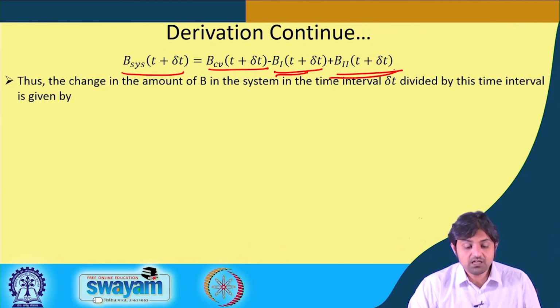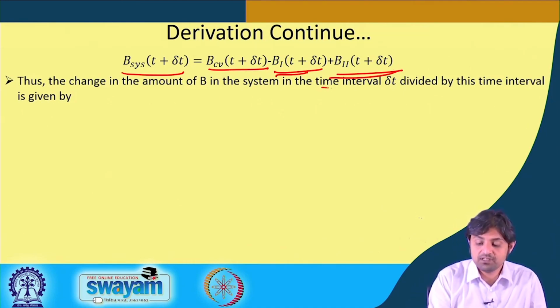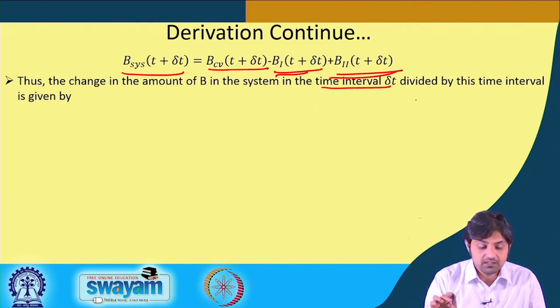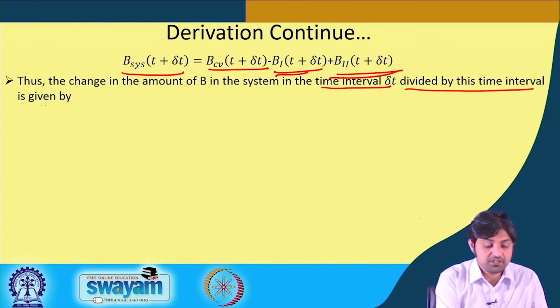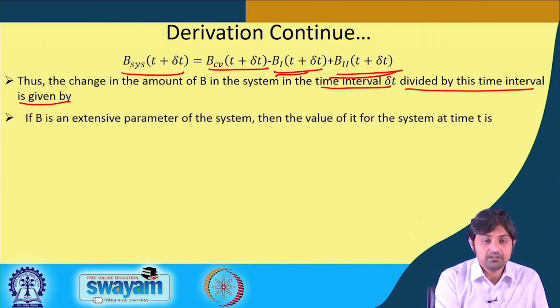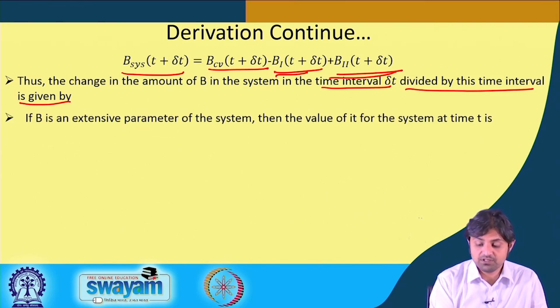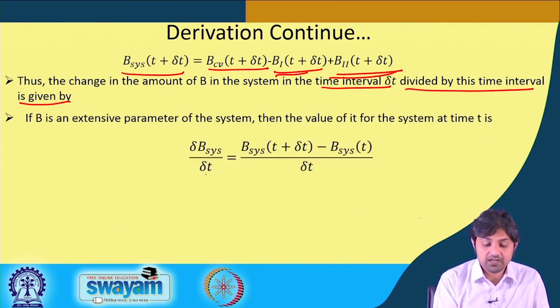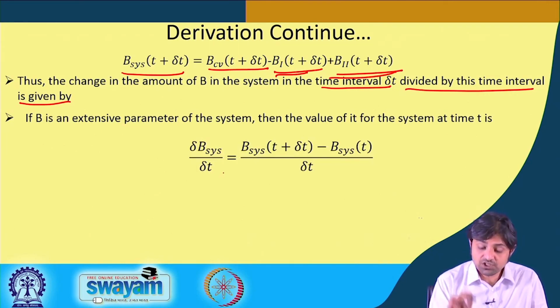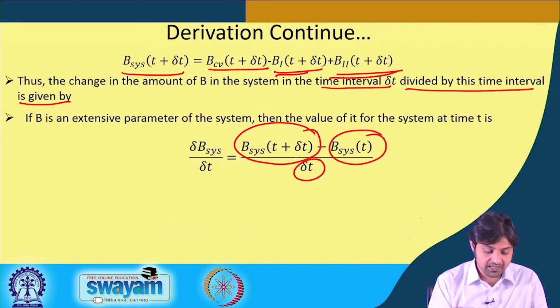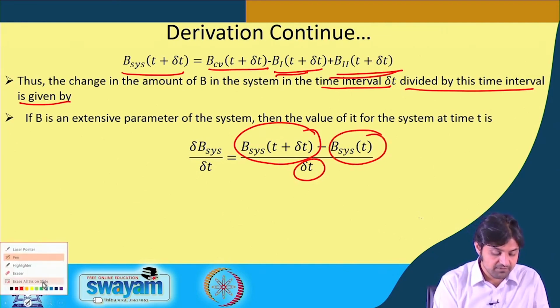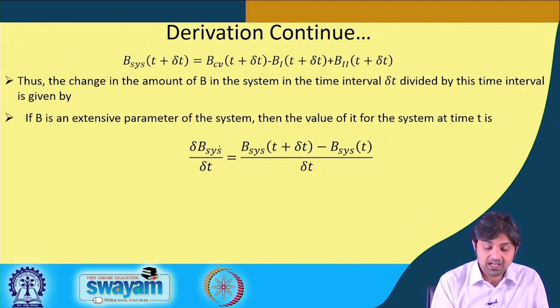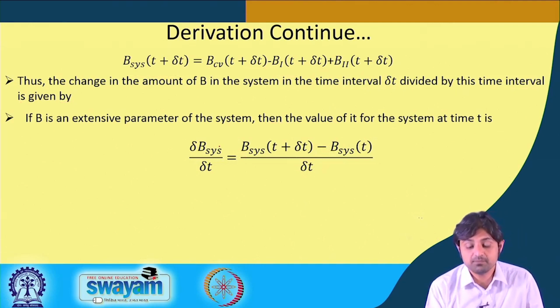Thus the change in the amount of B in the system in time interval delta t, divided by this time interval, is given by, if B is an extensive parameter of the system, delta B system by delta t. So the change will be equal to B system at t plus delta t minus B system at t, divided by delta t. This is very standard, and we have already written B system at t and B system at t plus delta t.